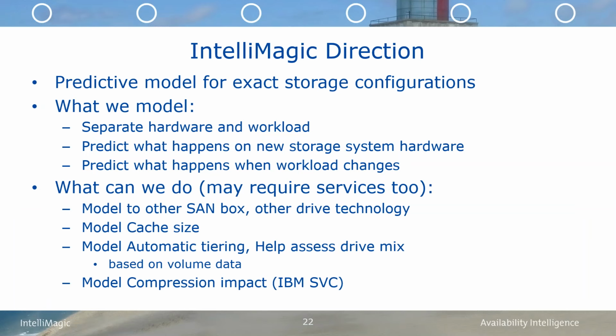So what we can do with the tool practically is do predictive modeling for exact storage configurations, such as understanding hardware and workloads, predicting what happens when you add new systems to an environment or new workloads, understanding what kind of configurations would be most appropriate for the workload that you have, and looking at your automatic tiering, looking at how certain features such as compression would impact the performance of the environment.